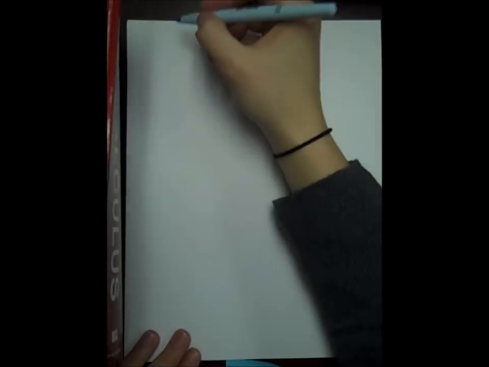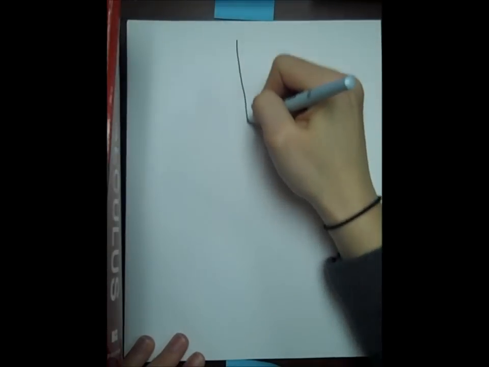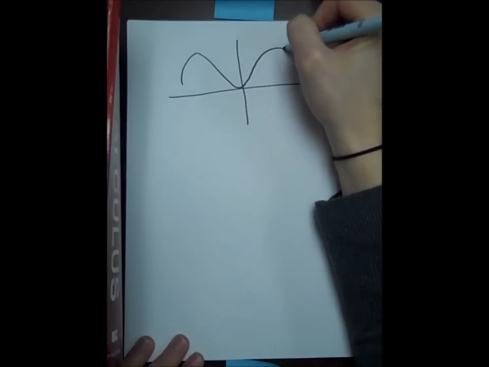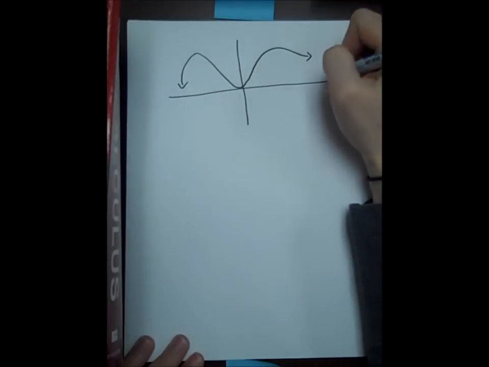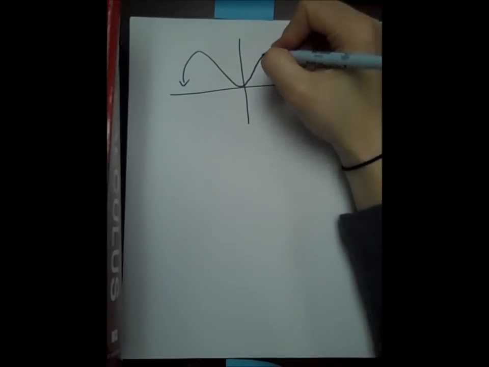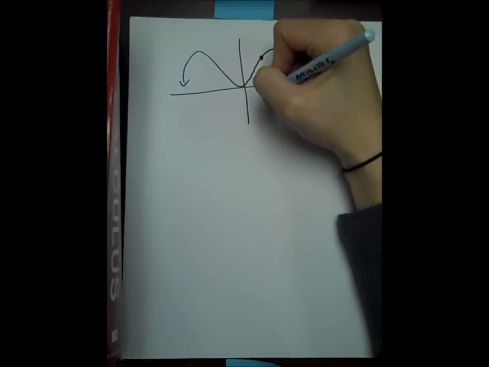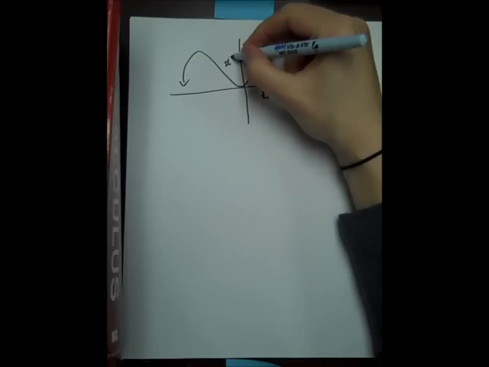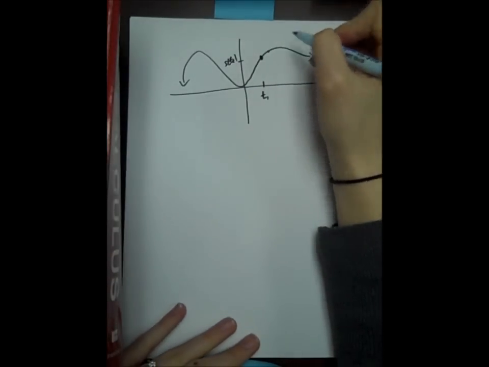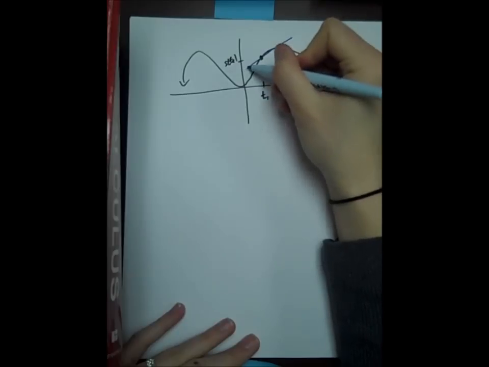But what about instantaneous velocity? Again, let me draw a position here. So let's say that my position is given by s of t, where this is my s of t. And I want to talk about instantaneous velocity at a point. Well, how we were estimating it was to pick a point close by and find the average velocity.